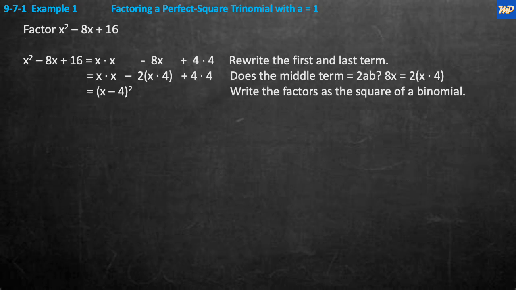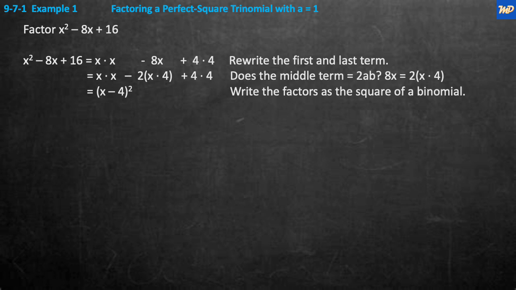Okay, example 1, factoring a perfect square trinomial with a equal to 1. So let's take a look at this. It says factor x squared, well, that's with the a term equal to 1, x squared minus 8x plus 16. We're going to break the first and last term down into its identical terms.